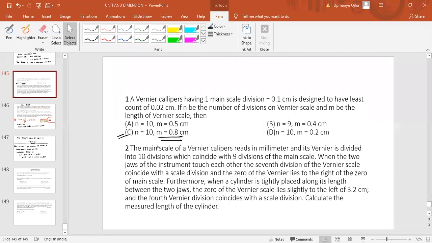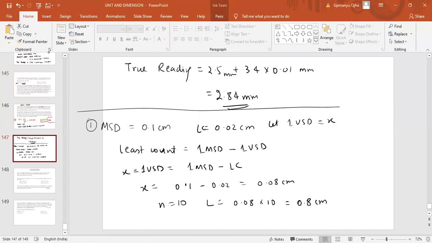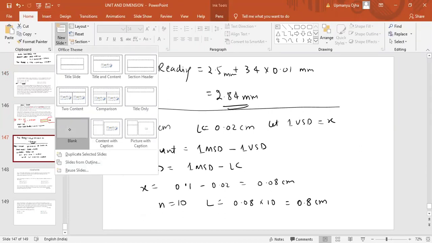The main scale of the vernier caliper reads in millimeter. From the question itself we have to get the answer, the data would be given in the question itself.